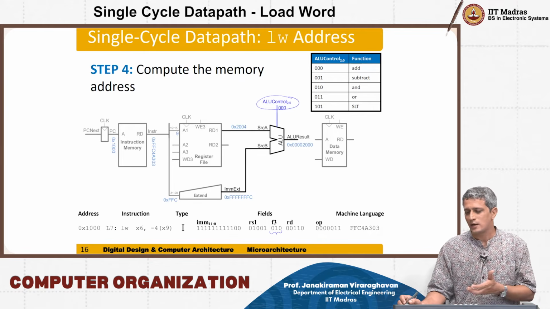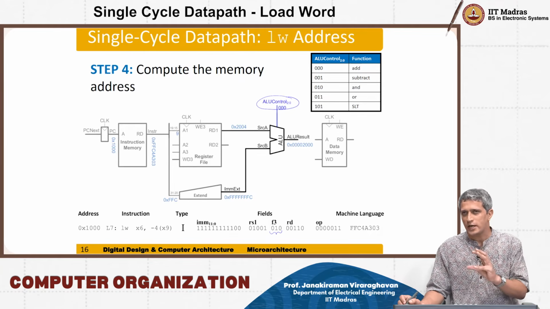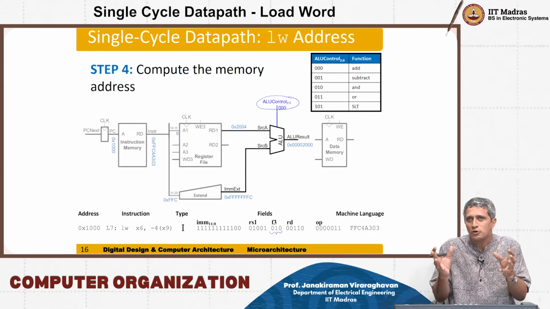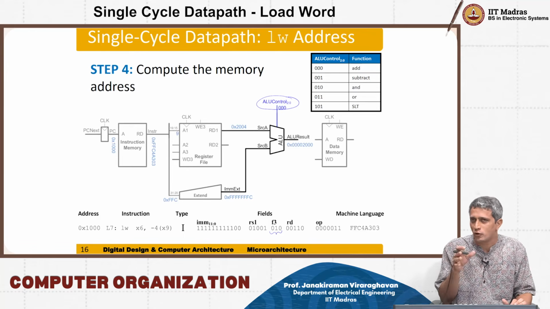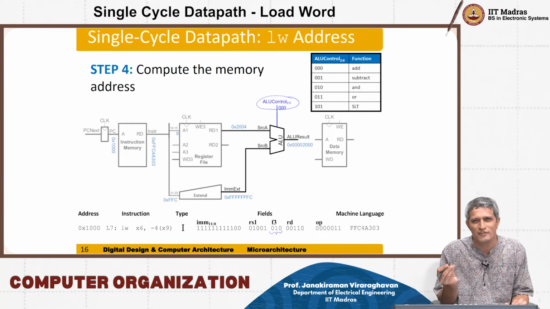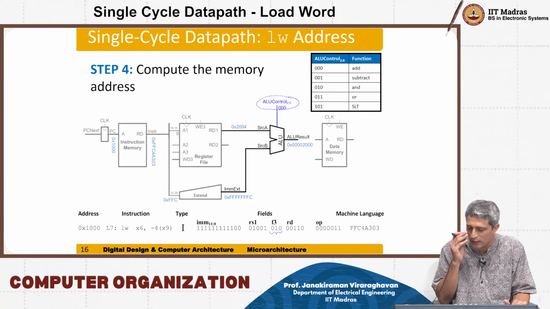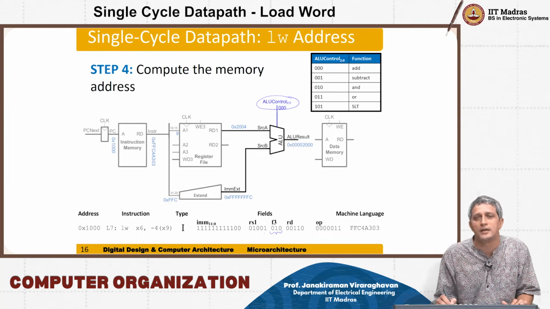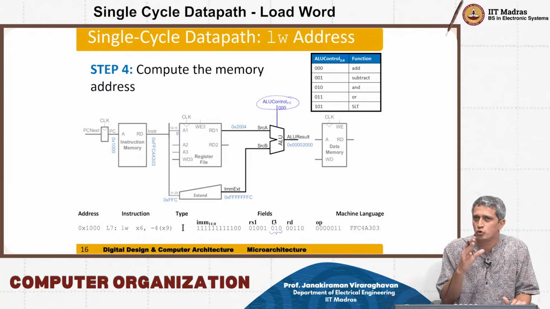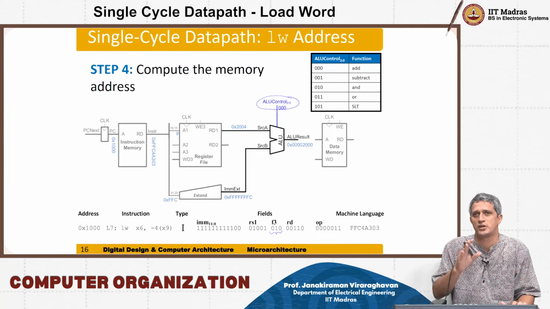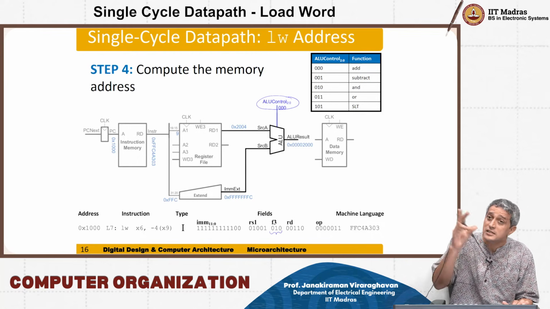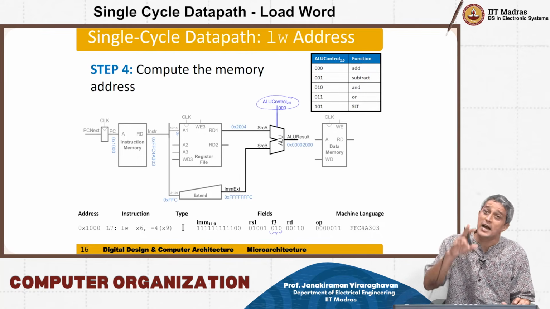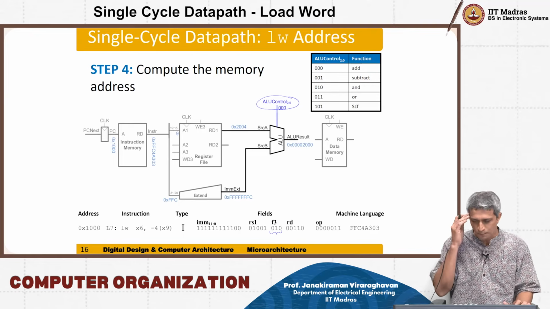You can do AND or OR. If you look at it, the address calculation is not complex. You're going to add, subtract, or do some very minor, simple operation. That's why this function 3 field has only 3 bits, because you don't need all this multiplication, division and all that. The actual ALU operations that you want to do will come in the register operation R type, which has that 7 bits.